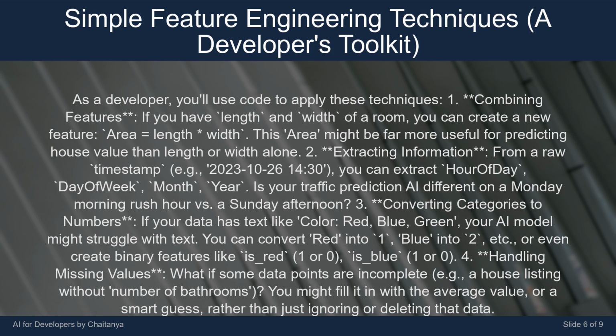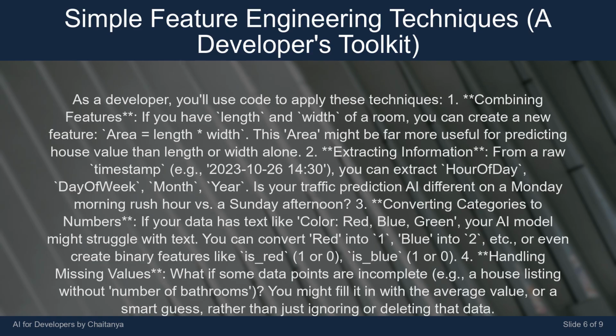Extracting information from a raw timestamp, e.g., the 26th of October 2023, 14:30. You can extract hour of day, day of week, month, year. Is your traffic prediction AI different on a Monday morning rush hour versus a Sunday afternoon?